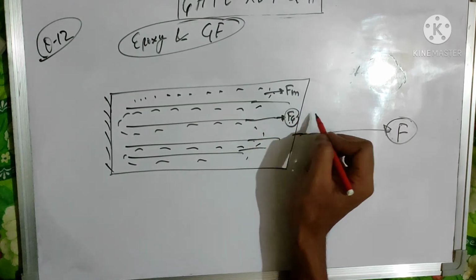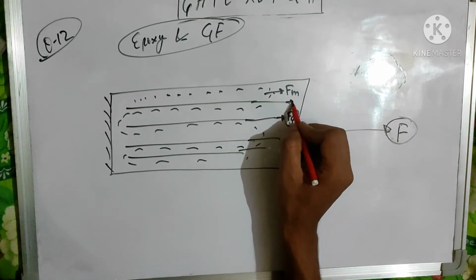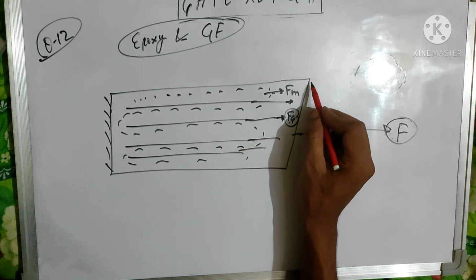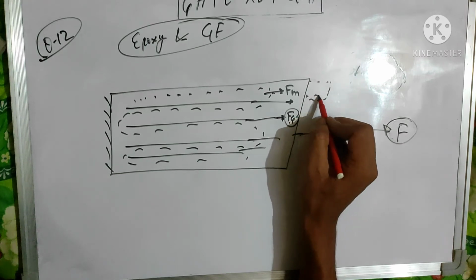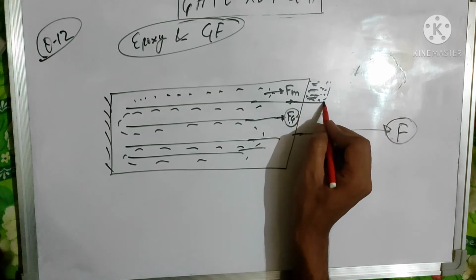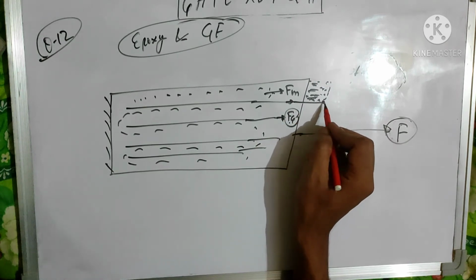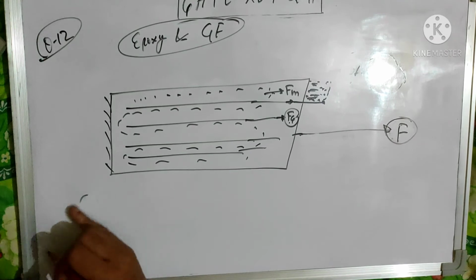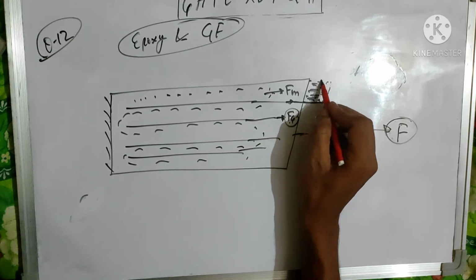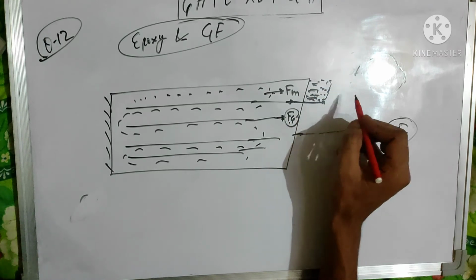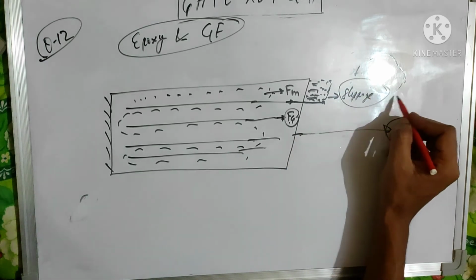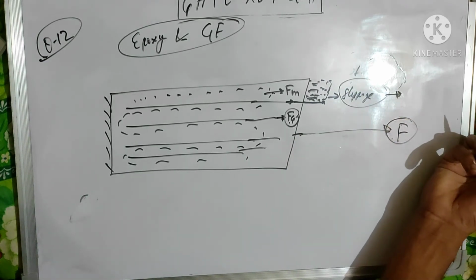So on application of the forces, some strain is produced in the polymer matrix and glass fiber. Take this as the extension in the polymer matrix and this is the extension in the glass fiber. When the extension in the glass fiber is not equal to the extension of the polymer matrix, slippage will occur. In that case, the polymer composite will fail.